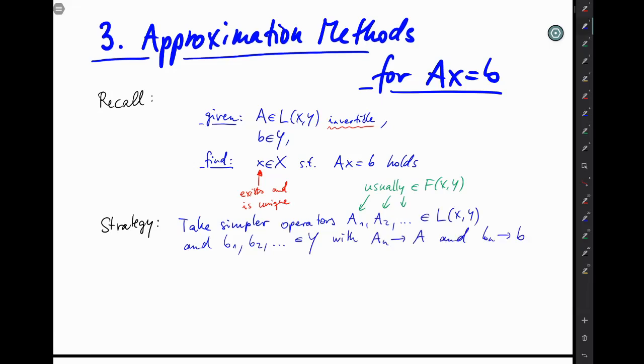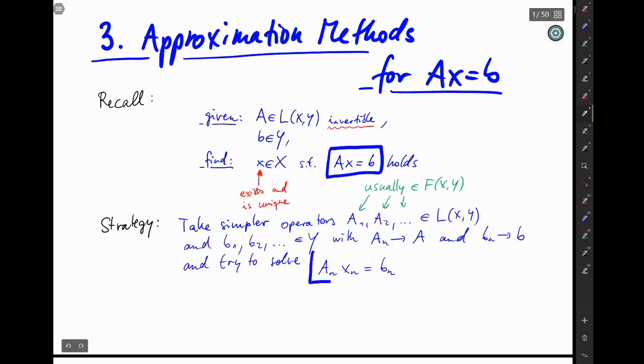Now with these simplified objects, you can form simpler equations, and of course you're trying to solve these instead. So you're replacing your complicated, because infinite, system by a whole sequence of simpler, because somehow finite, systems. But now of course you've got many of them.